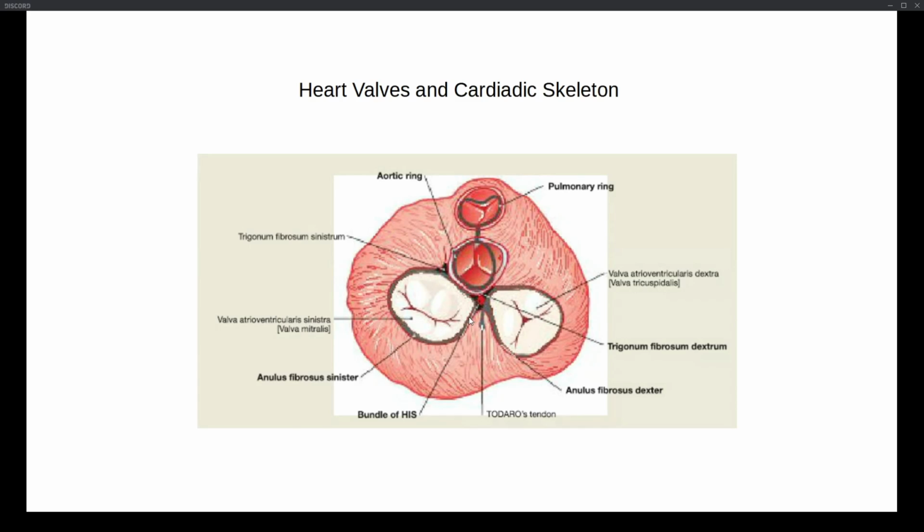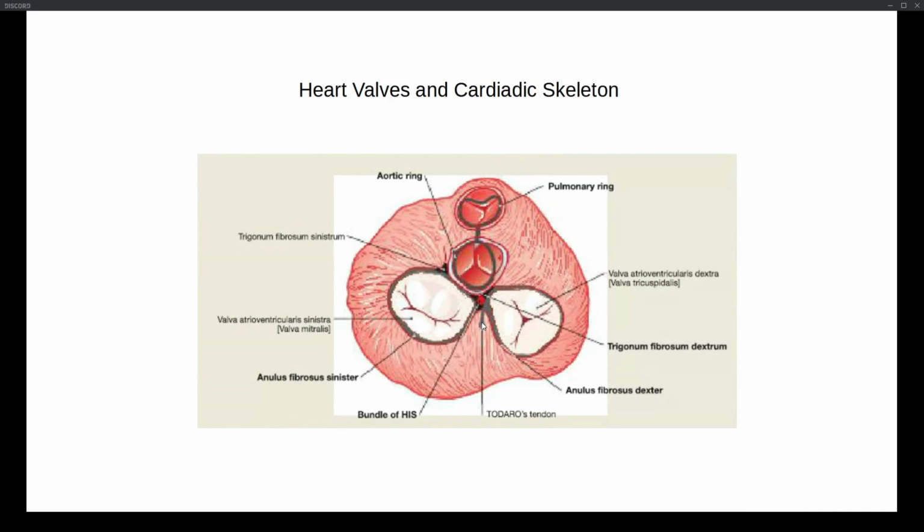So, in the middle we have, over here, the trigonum fibrosum dextrum. And this is made out of fibrocartilage, or fibrous cartilage-like tissue, more or less. And what is interesting, and which I didn't know until yesterday, is that in ruminant animals, like for example cows, this actually is bone tissue.